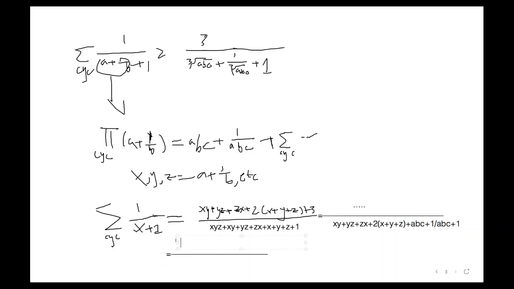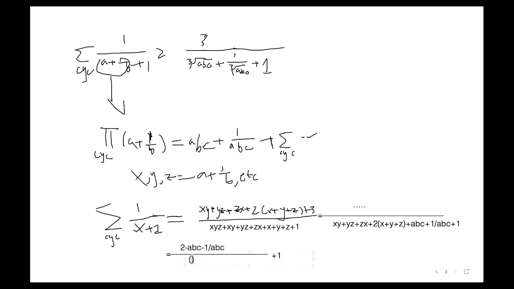What is the numerator? Okay, plus 1. What is in the numerator again? The numerator is, I believe, something 2 minus ABC minus 1 over ABC, and then the denominator is still the same thing.